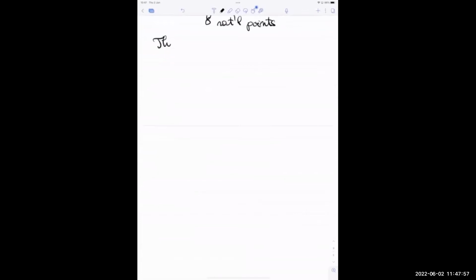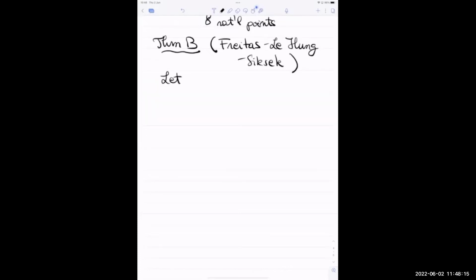So in the real quadratic case, this is a theorem from about 10 years ago of Freitas, Le Hung, and Siksek. Let F be a real quadratic field and E over F an elliptic curve. Then E is modular.